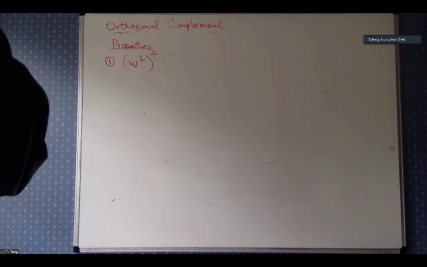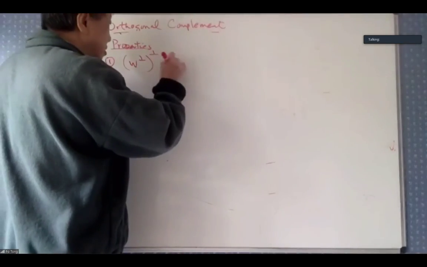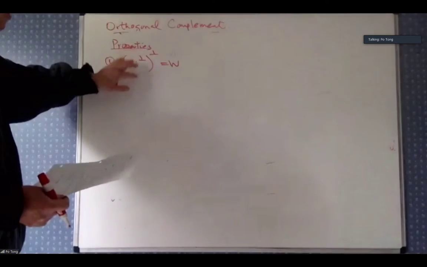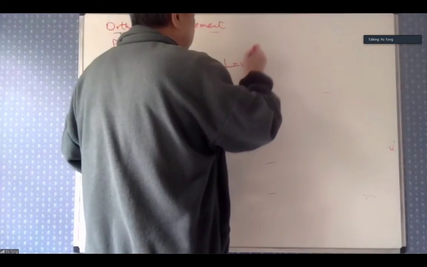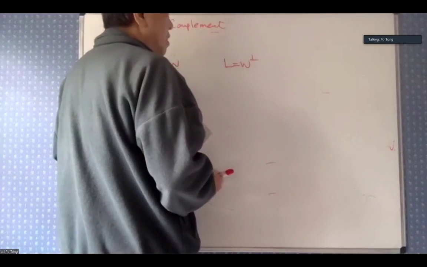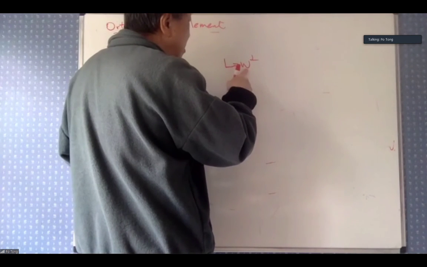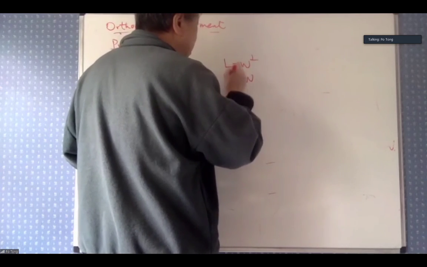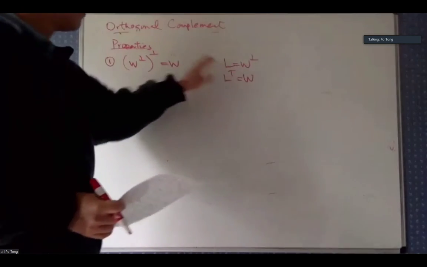It's W itself. W perp is the stuff that is perpendicular to W. Let's say L is equal to W perp. L is all the stuff perpendicular to W, and W will be all the stuff perpendicular to L. This is essentially the same thing.